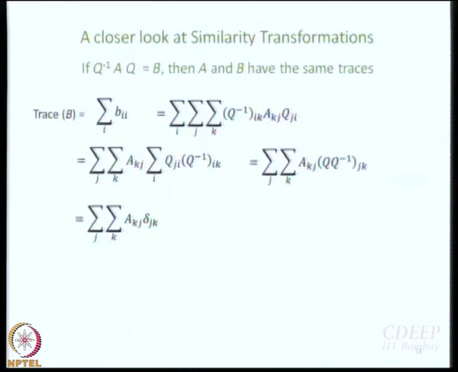AKJ delta JK, sum over K, sum over J. What do I get then? Once again multiplying, it is as if the J's cancel off and you are left with KK, sum over K AKK. What is that?